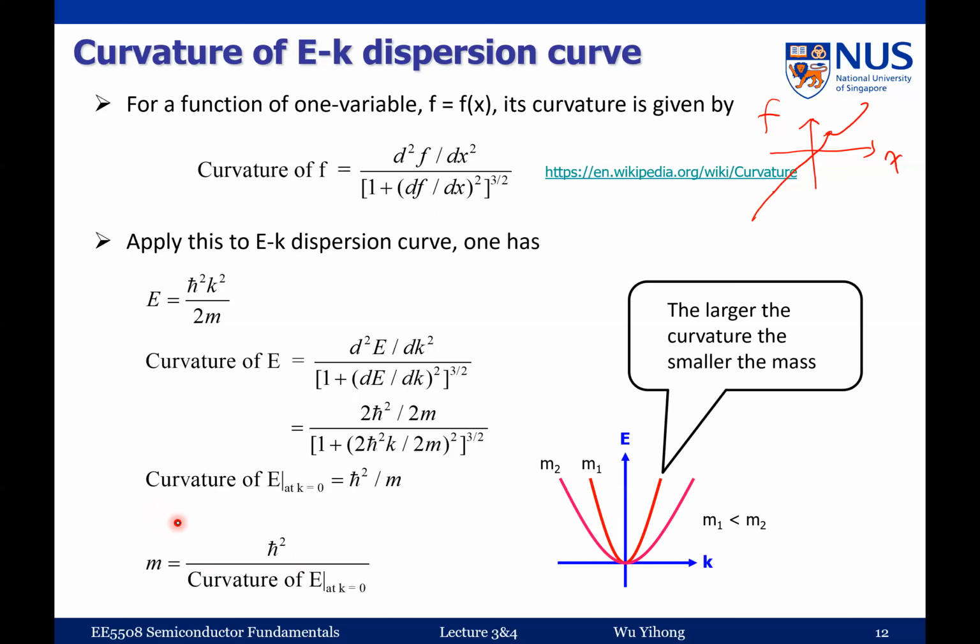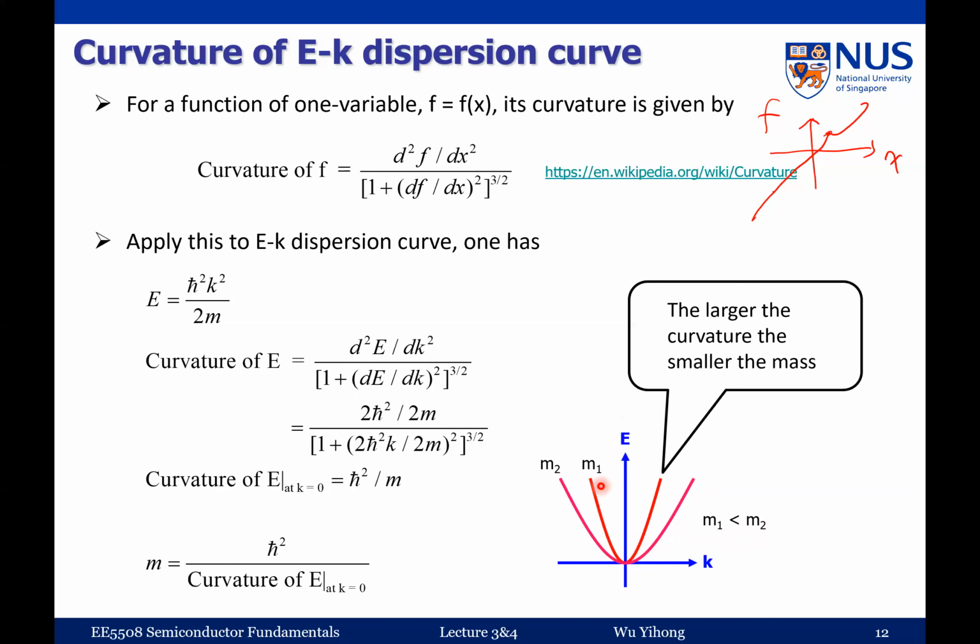To highlight this difference, this basically is what you will see. Of course, in vacuum you only have one type of dispersion curve. However, if you have two different materials, for example, this dispersion is for one material, and this dispersion is for another material. So what does this mean? This simply means that M1 is smaller than M2.